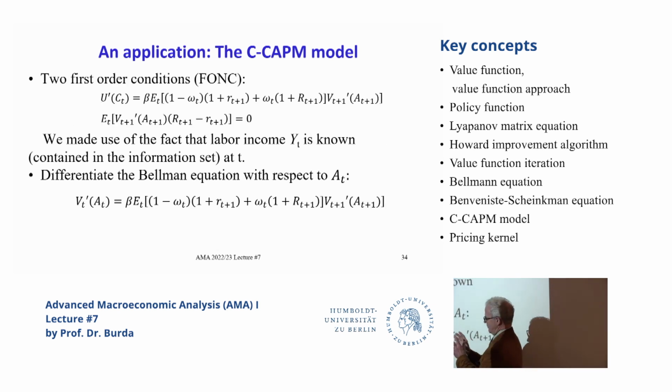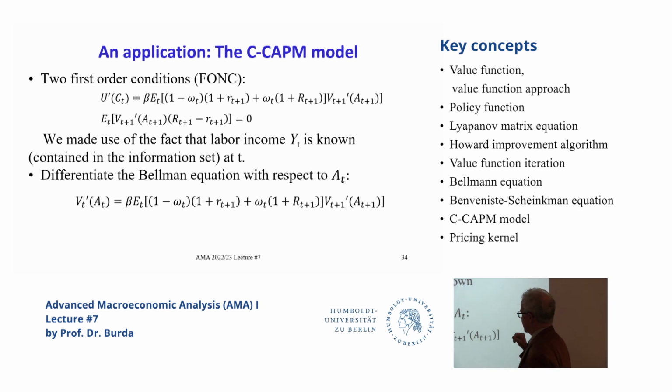The marginal value to my optimized utility in period t of an additional unit of wealth is equal to the discounted value of the expected utility of that same marginal increase in AT's effect on value tomorrow.